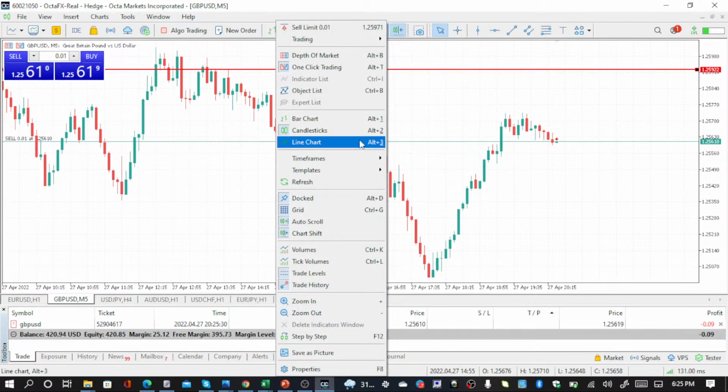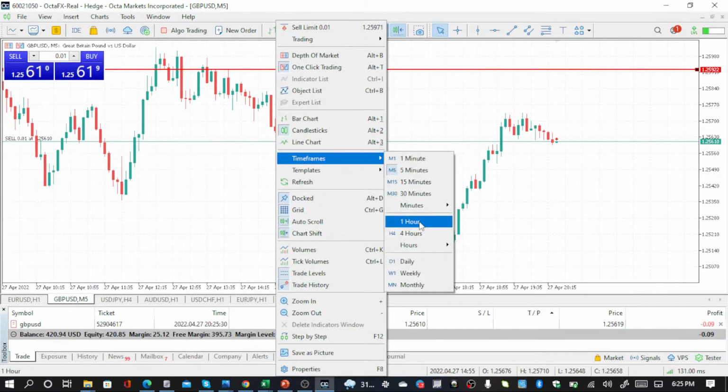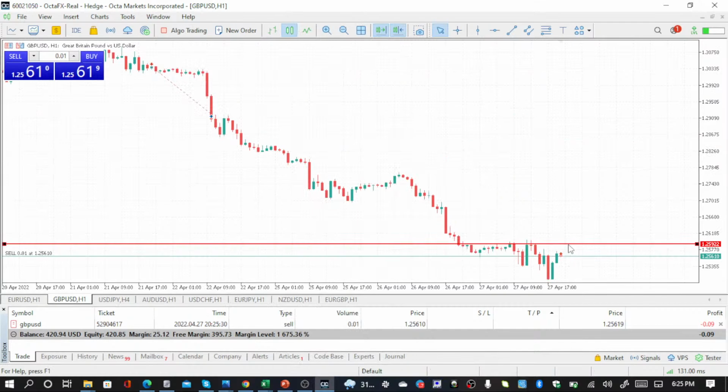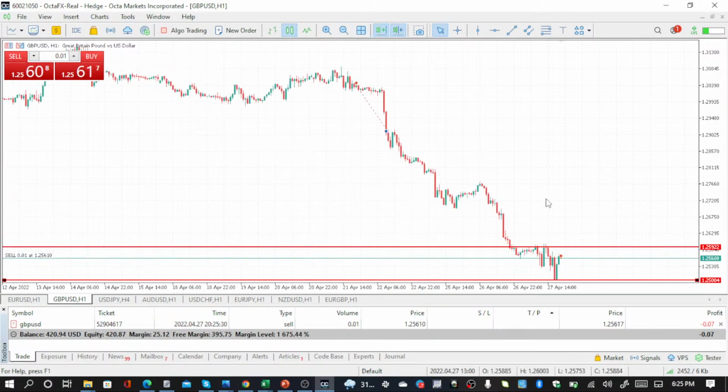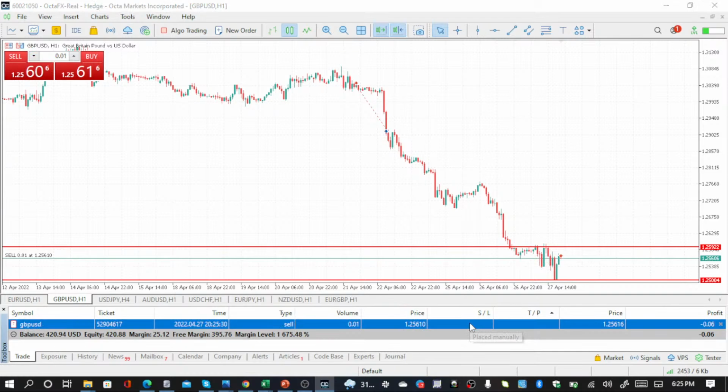Now let's determine our stop loss and take profit level. My stop loss would be at this level, and my take profit would be at this level. As you can see, we are trying to take advantage of the short price movement. Let's set our stop loss.